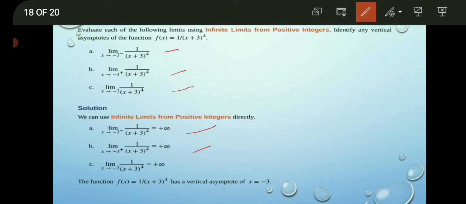In letter C, the limit as x approaches negative 3 of 1 over x plus 3 raised to 4. The solution, by using infinite limits from positive integers, is positive infinity. So the function f of x is equal to 1 over x plus 3 raised to 4 has a vertical asymptote of x is equal to negative 3.